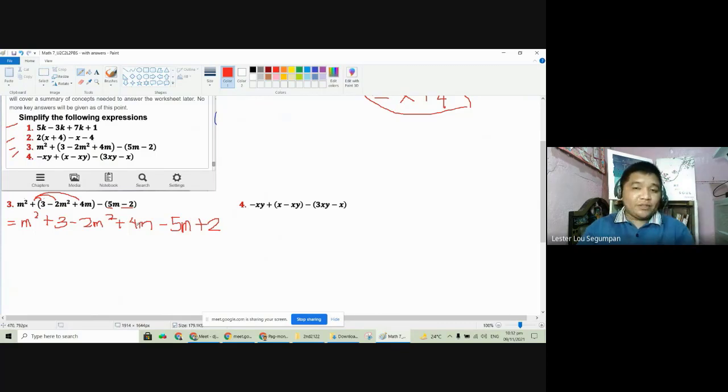That is why, as I mentioned earlier, you can remove the grouping symbol at ease without changing the signs of the terms inside if it's preceded by a positive sign. But for the second group, which is negative, the signs were changed: the plus 5 became minus 5, and the minus 2 becomes plus 2.